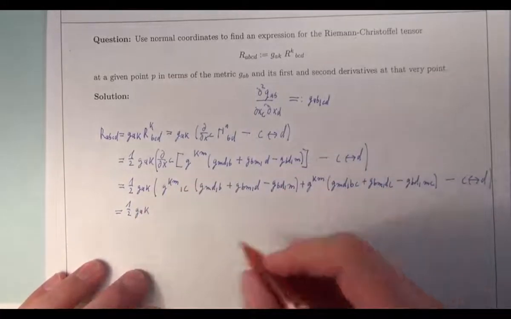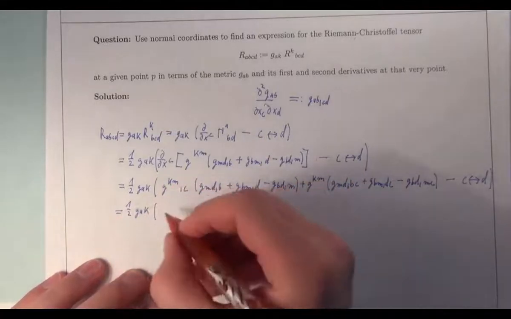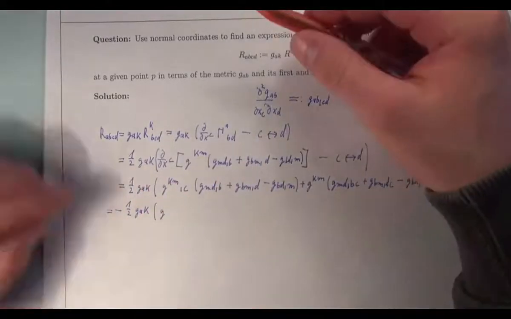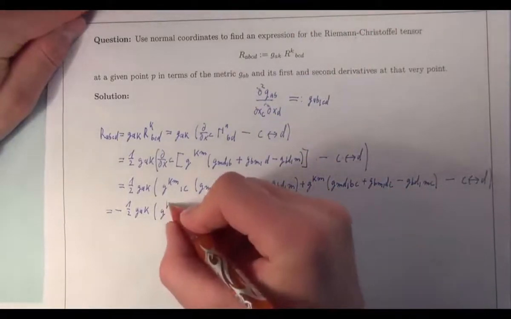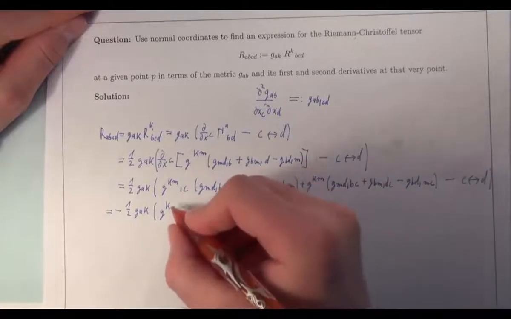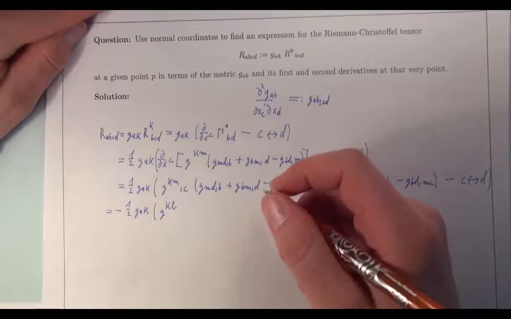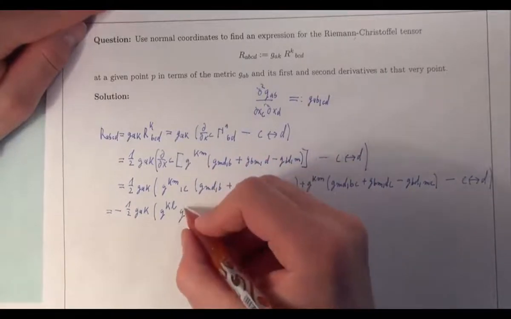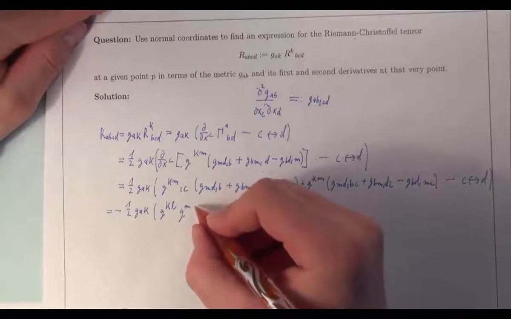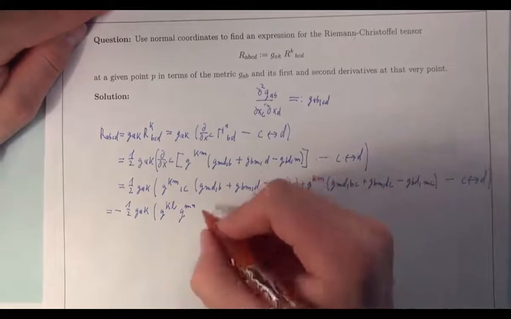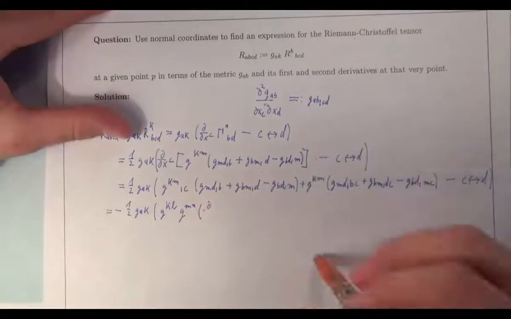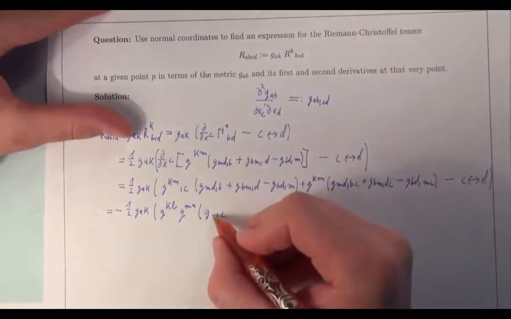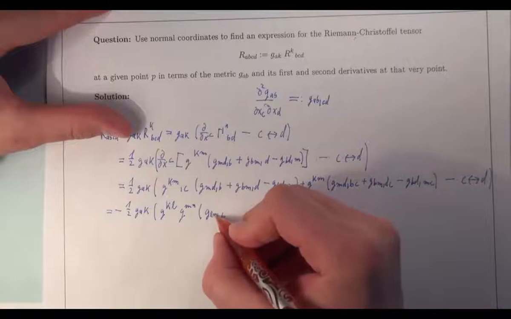It's G_AK times minus, I bring it out, need a little bit more space, minus G^KL, because it's a summand I need new indices, times G_MN of D after dx, what is written above, it's G^C, and in the G the two indices are summed over, LN.